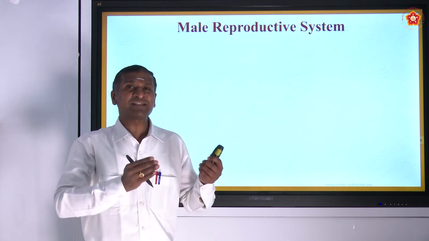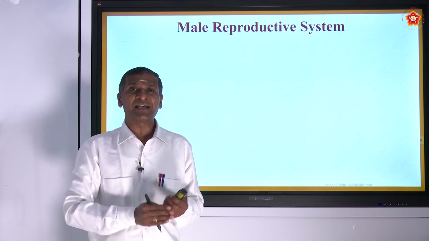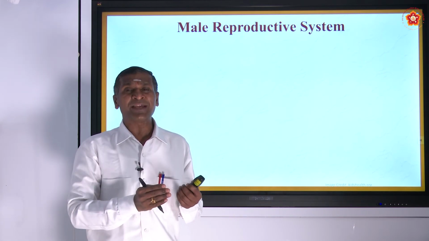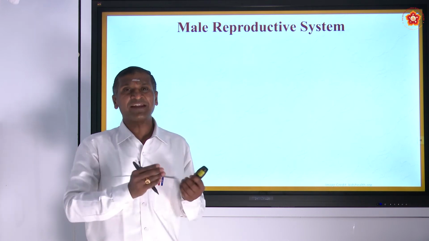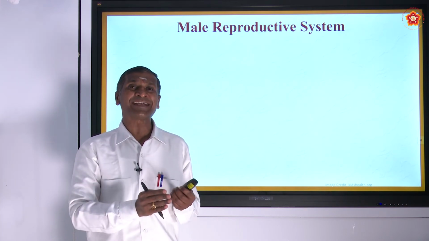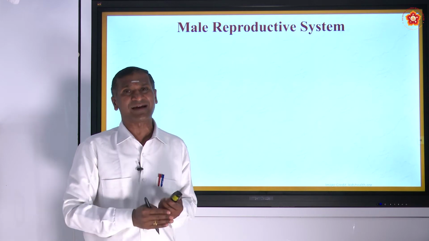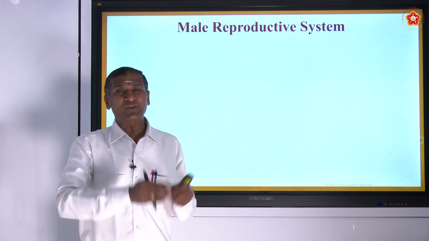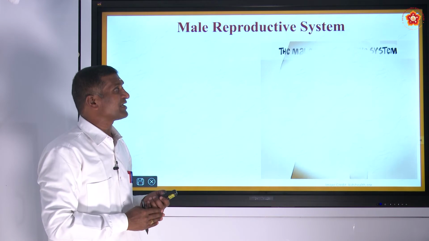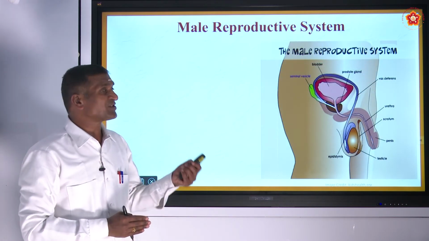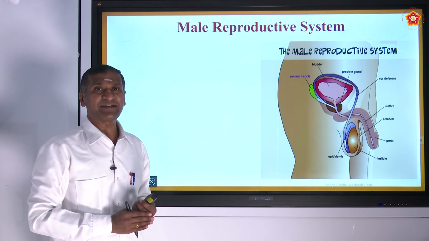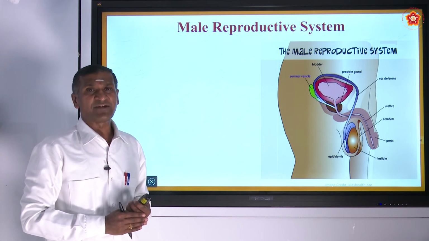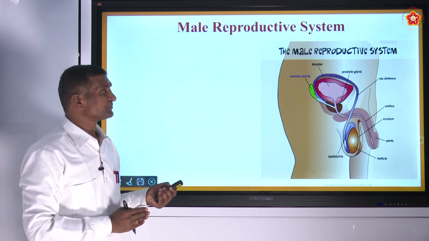At the end of the secondary sexual characters, the male and the female are ready to undergo reproduction, where reproduction is a process to increase its members which look alike. So the male reproductive system which has been developed, if you observe the picture, from the exam point of view, the diagram is very important for 3 to 4 marks.